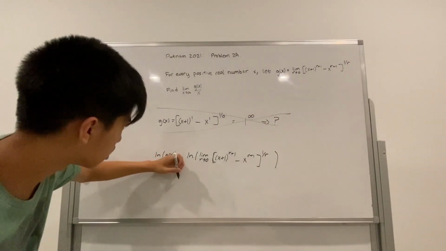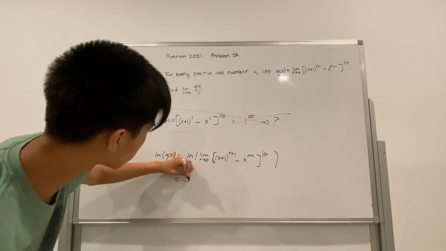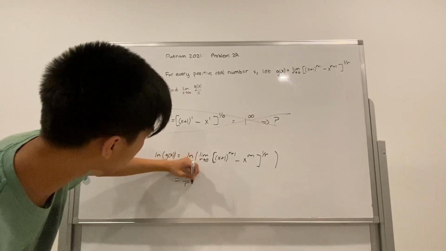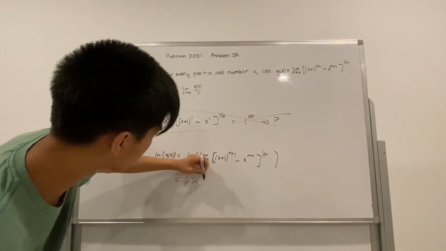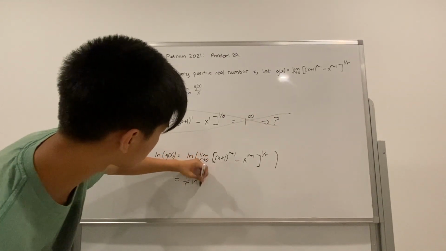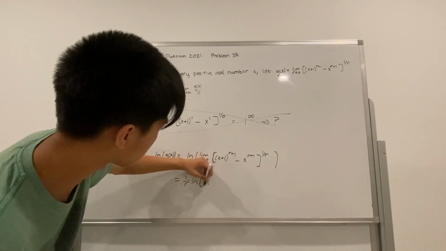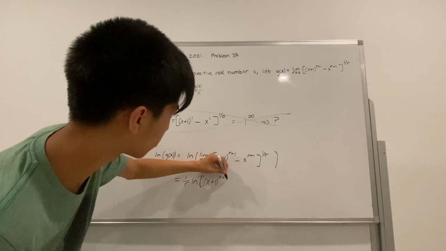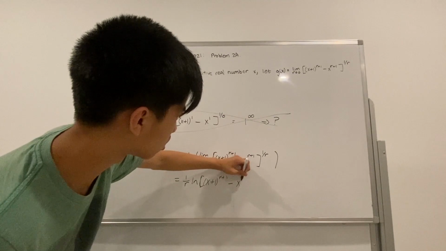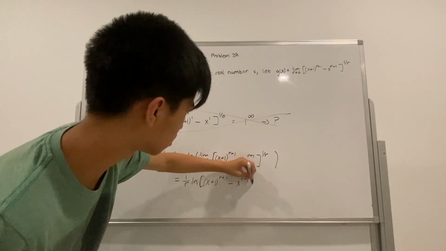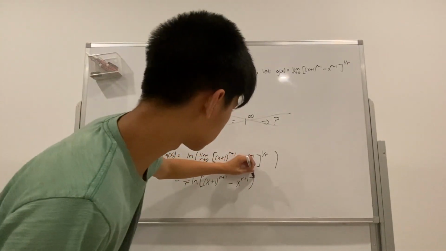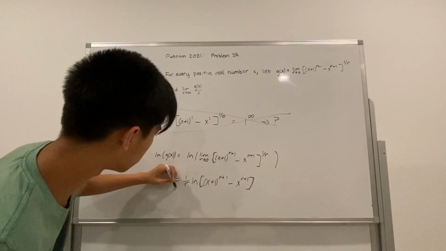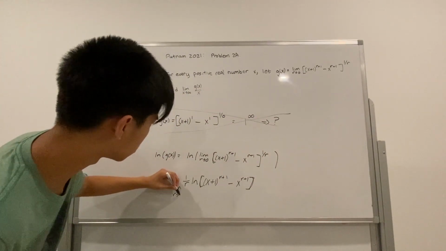Using our properties of limits, we would get 1 over r times ln of x plus 1 to the r plus 1 power minus x to the r plus 1 power, limit as r approaches 0.